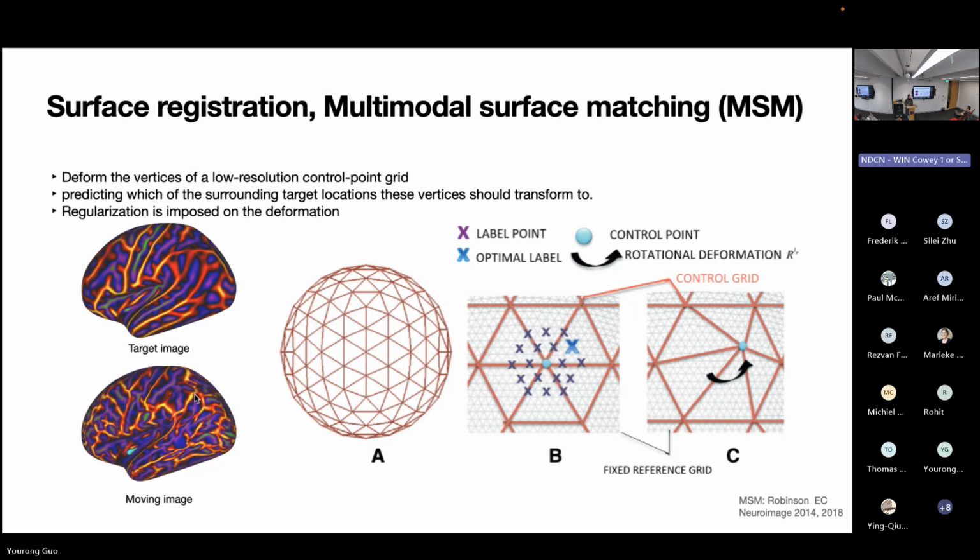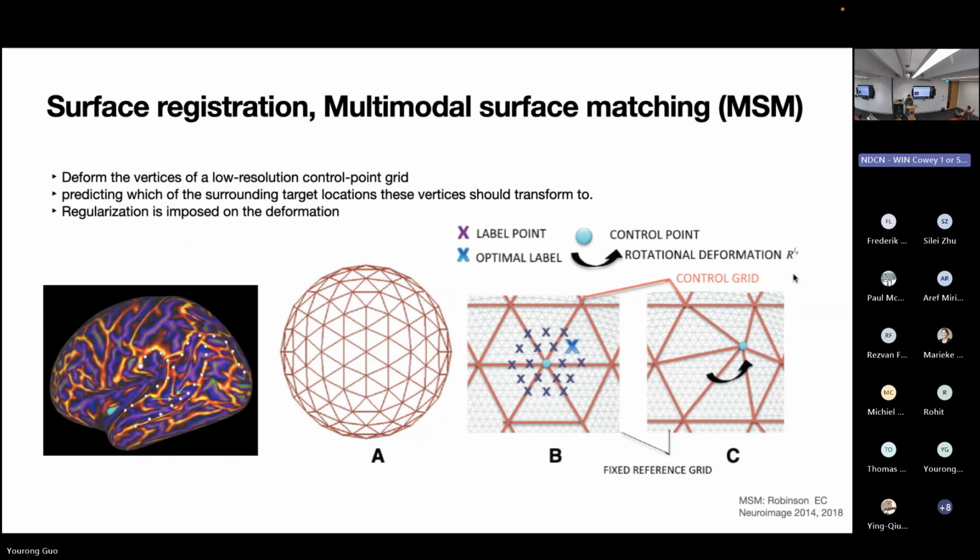And now we're just trying to maximize the similarity between the moving image and the target image to make them as similar as possible. At the same time, we also want to impose regularization on the deformation field, because we want the neighboring control points in the grid to all move in a similar direction. If they move in opposite directions, it will end up like this.